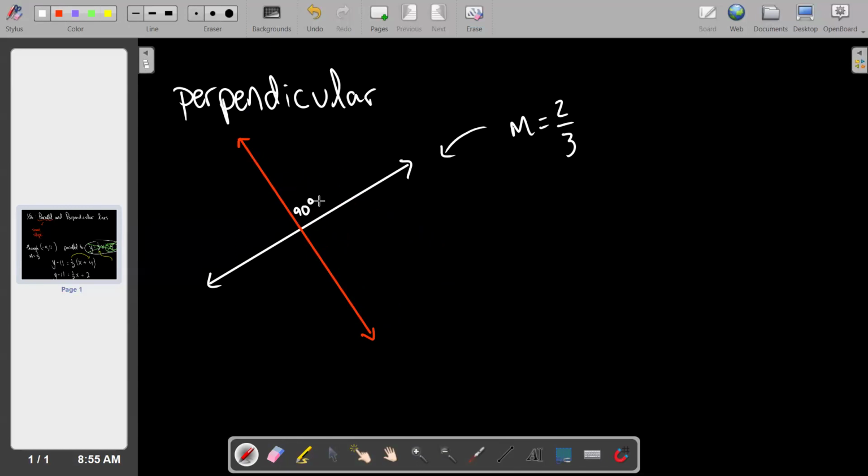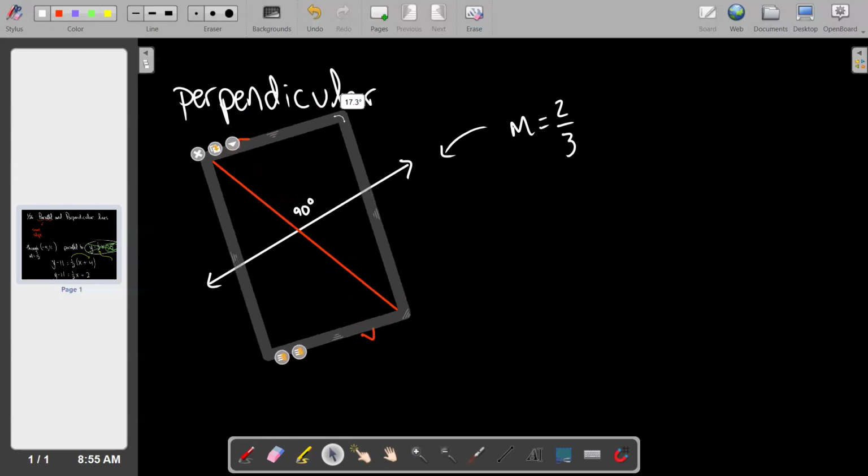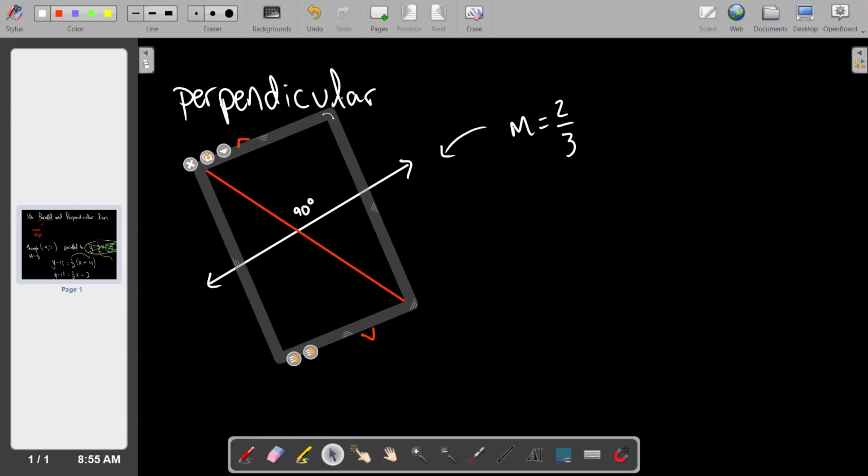If the white line is going up 2, 3 to the right, what could you conjecture is the slope of the red line, Jojo? 2/3. It's not negative 2/3. Negative 2/3, by the way, excellent guess. Negative 2/3 would be about like that, right?